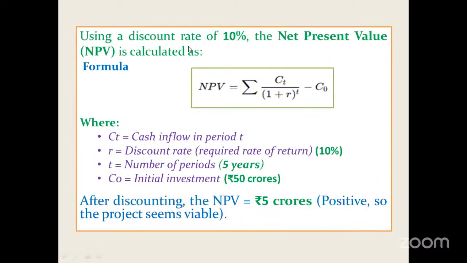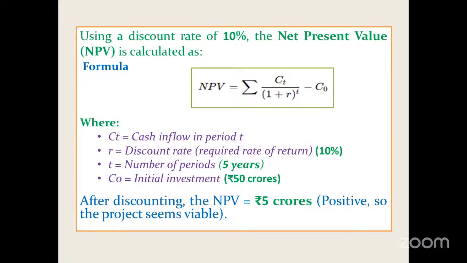Using the discount rate of return of 10%, NPV, net present value, is calculated. There is a formula: NPV is the sum of CT divided by (1 plus R) to the power of T, minus C0.